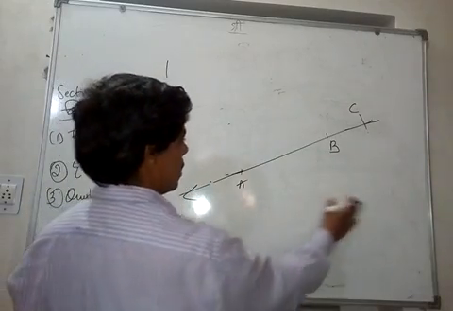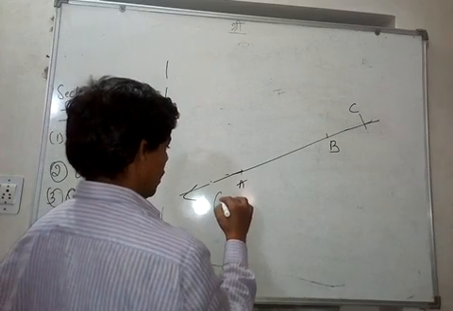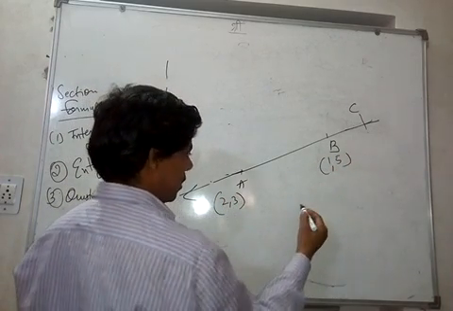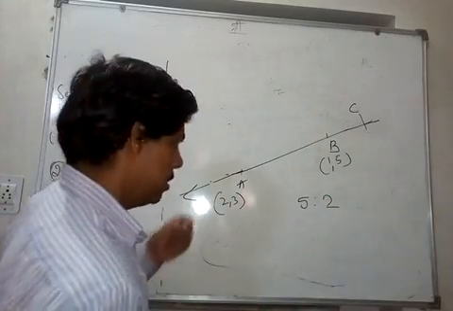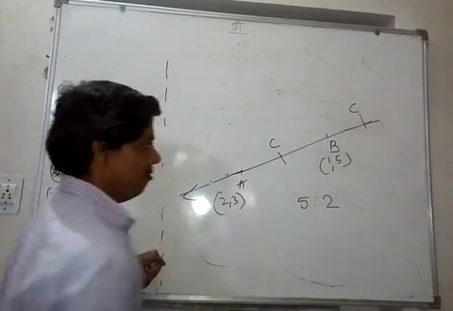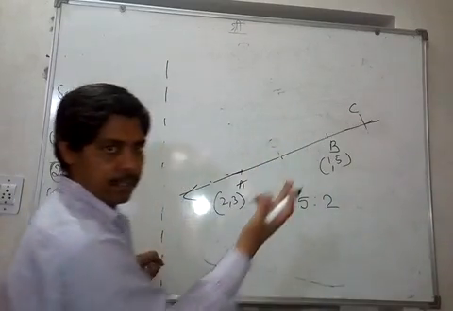And suppose somebody says, find a point C which divides (2, 3) and (1, 5) in the ratio 5:2 internally and externally. So when he is saying 5:2 internally, C is here. When he is saying 5:2 externally, C is outside.